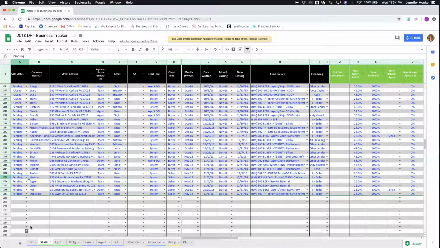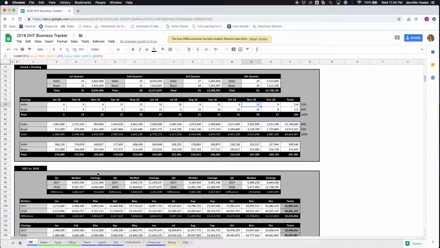Because this has been expanded, it's very possible that there may be other formulas in the dashboard that have the same exact issue that these cells did, in that they only go down to row 223.